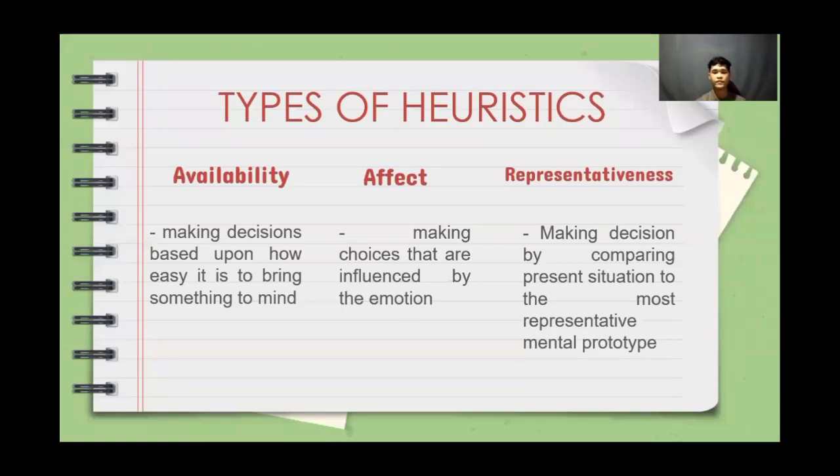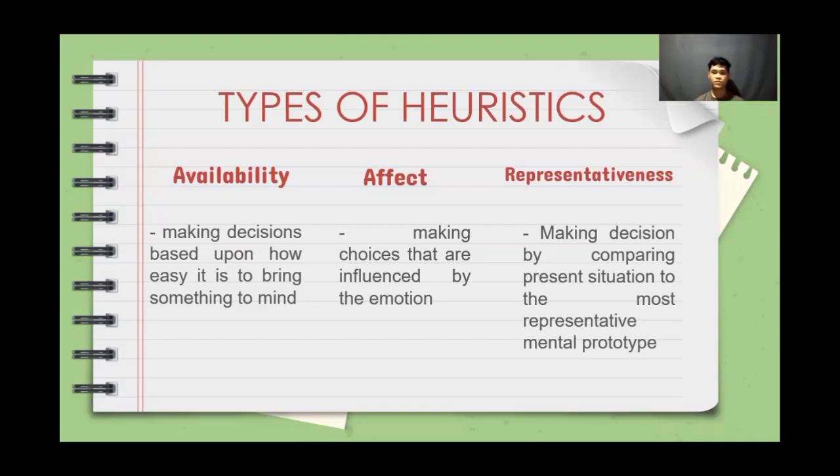There are different types of heuristics that can be found on the internet, but I have here the most basic ones. First is the availability heuristic. It is making decisions based upon how easy it is to bring something to mind, only relying on recent accessible knowledge rather than evaluating the facts.